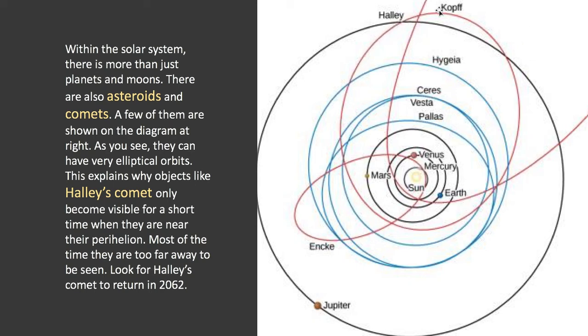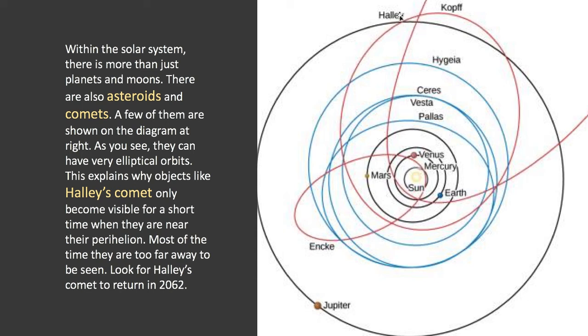Now, we only get a short look at it because of essentially Kepler's second law, that things are moving fast when they pass near the sun and then slow when they are farther away from the sun. So Halley's Comet takes a 75-year orbit, but it spends most of its time far, far from the sun and a very short time in close where we can see it.